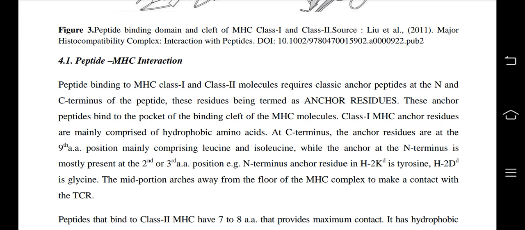At the C terminus, the anchor residue is at the 9th amino acid position, mainly comprising leucine and isoleucine, while the anchor at the N terminus is mostly present at the 2nd or 3rd amino acid position. The N-terminal anchor residue in H2Kd is tyrosine, in H2Dd is glycine. The mid portion arches away from the floor of the MHC complex to make contact with the TCR.